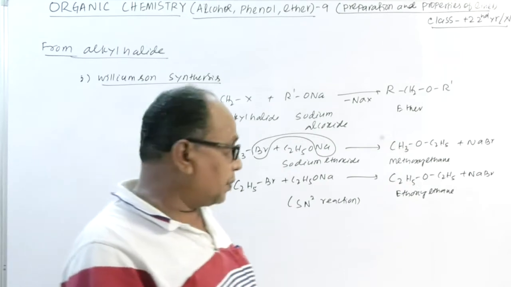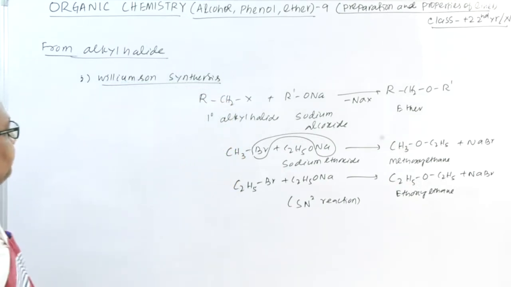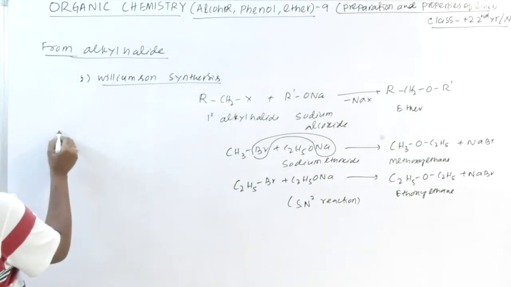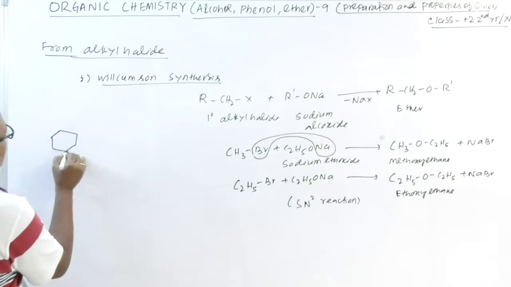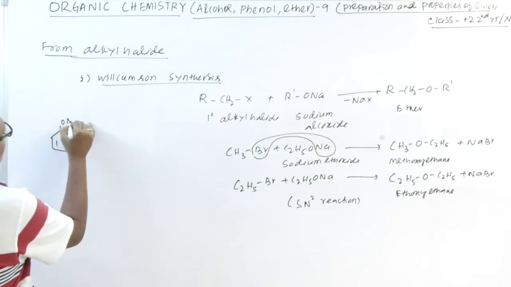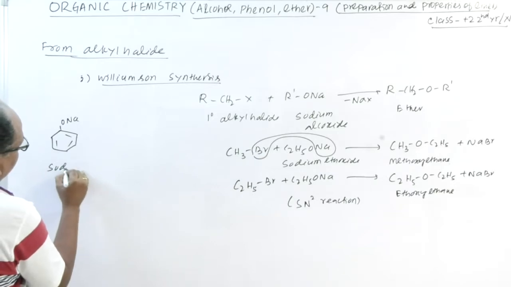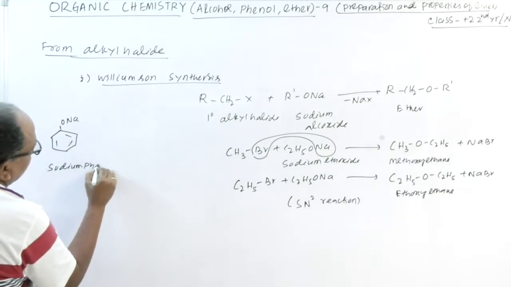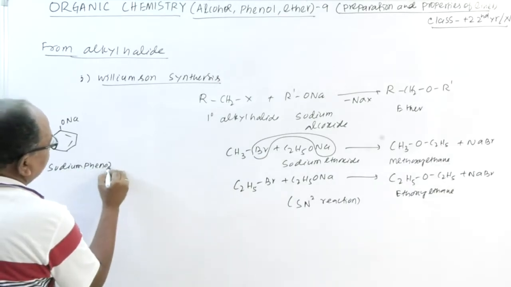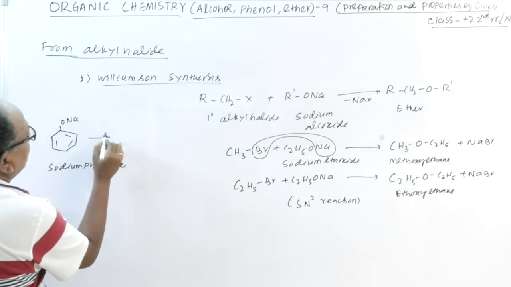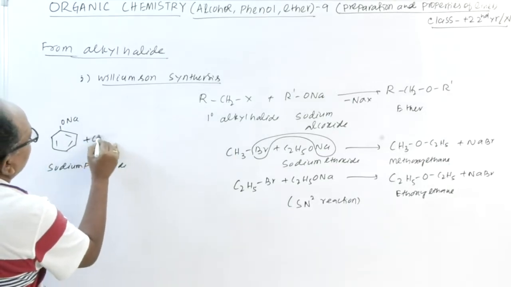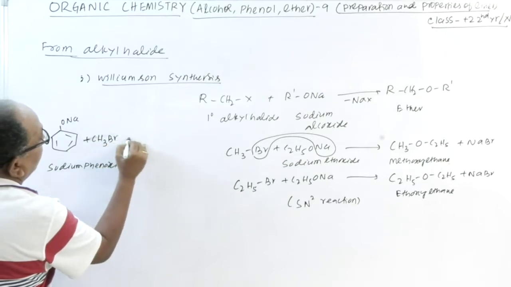Suppose you want to prepare this. This is your sodium phenoxide, that reacts with, suppose, methyl bromide. What does it give?